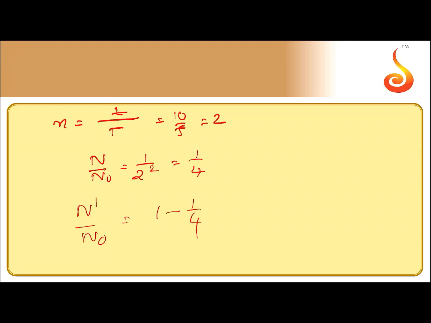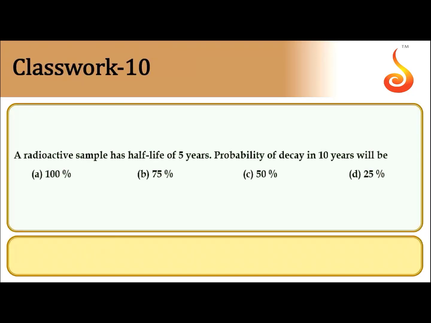So the probability of a decay is n dash divided by n naught, which is 1 minus 1 by 4, or this is 3 by 4. So the probability of the decay is 3 by 4, or if I convert it into percentage, this turns out to be 75%. So the probability of the decay is 75%.